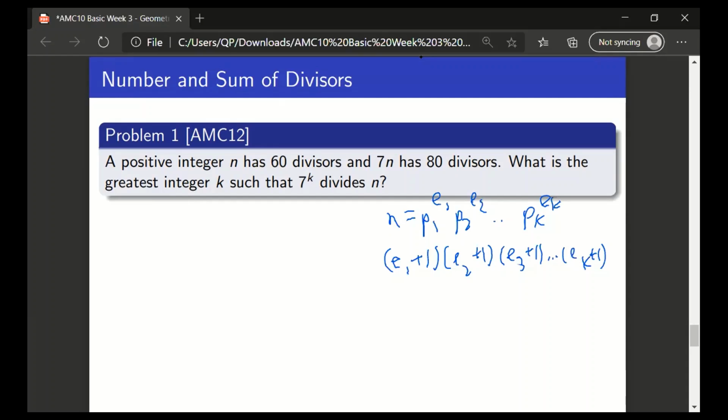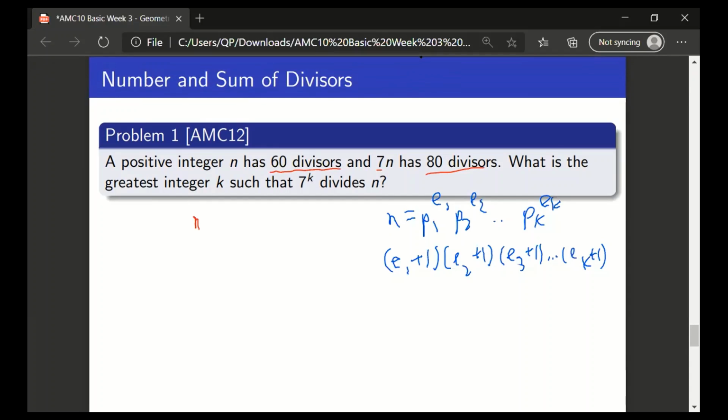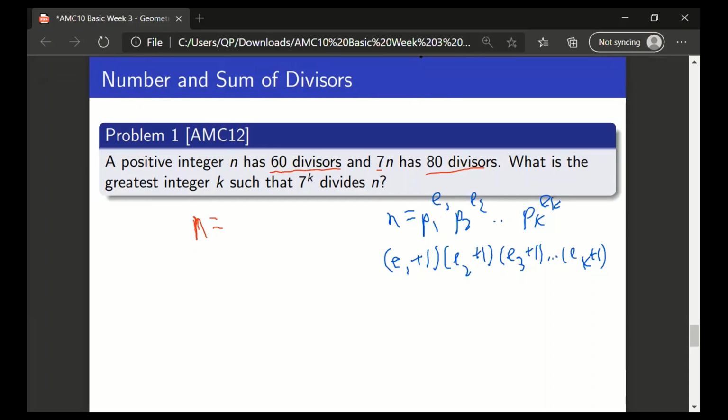All right, I'll start going over this. So n has 60 divisors, and 7n has 80 divisors. The only difference between n and 7n is the power of 7, so we mostly care about the power of 7.